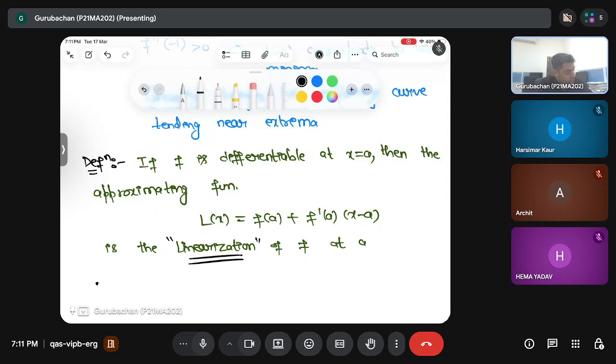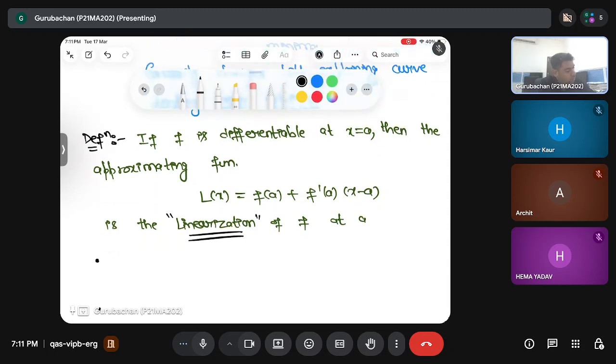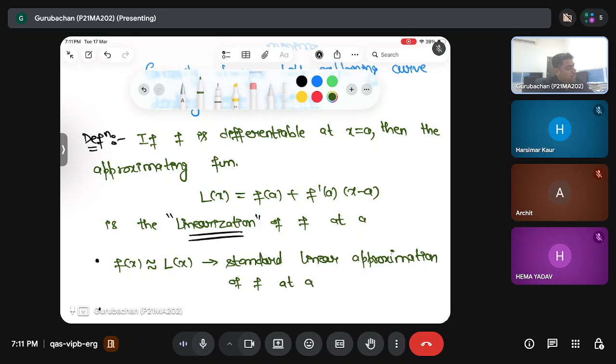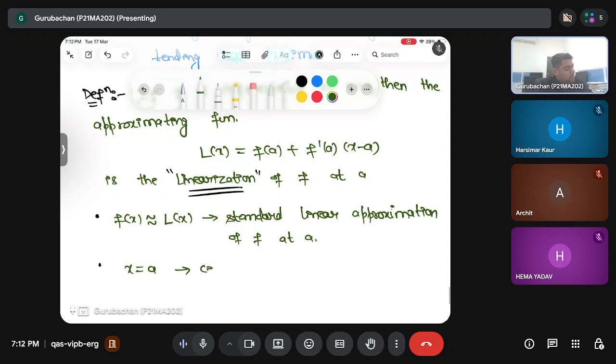Next, f(x) is approximated by this L(x), and this is called the standard linear approximation of f at a, because it's a linear function. There is only power 1. Next, x equal to a is nothing but the center of the approximation, because around a we are trying to find our approximation of f.